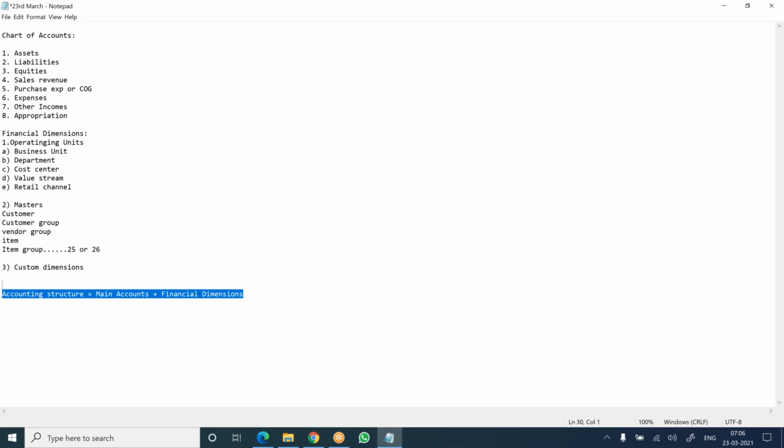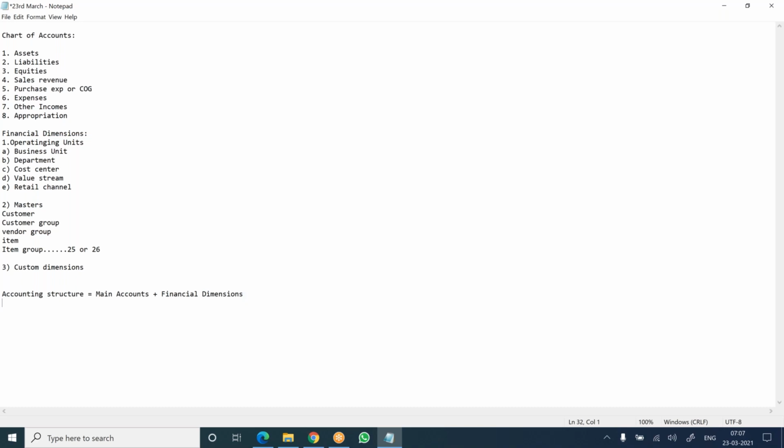This is a must if you want to post any transaction in the entire Dynamics F&O. If you post any single transaction, it is mandatory. It will validate this accounting structure.